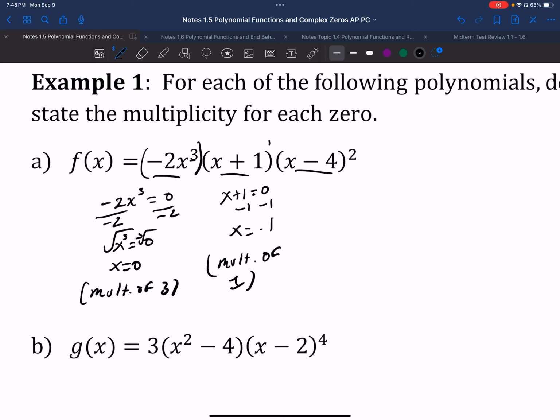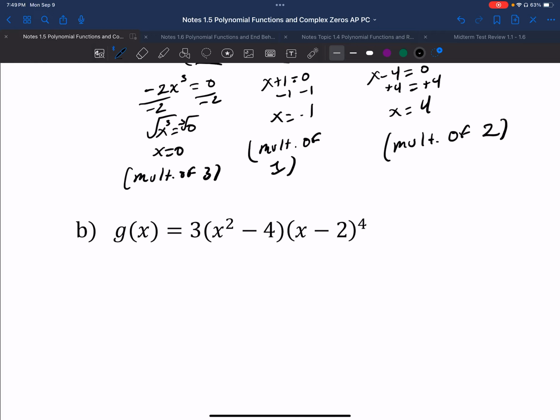After that, I'm going to continue with the next part. So I'm going to say x minus 4 equals 0. Add 4 to both sides, so I get x equals 4. And then again, I use my degree for my multiplicity. Since my degree is 2, then I'm going to say that I have a multiplicity of 2. And then I will continue on.